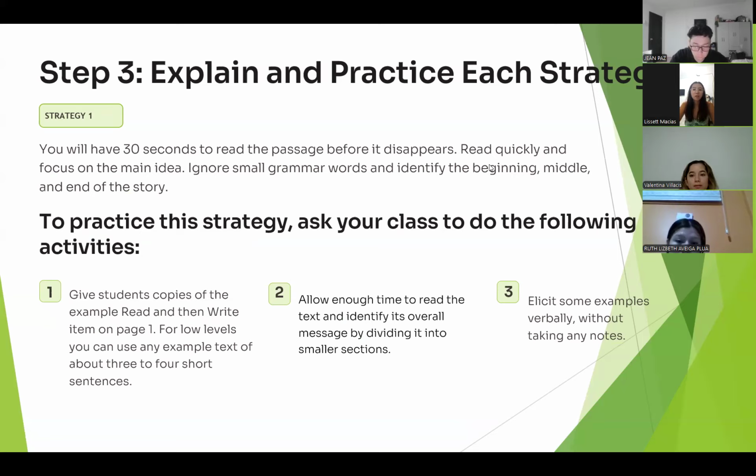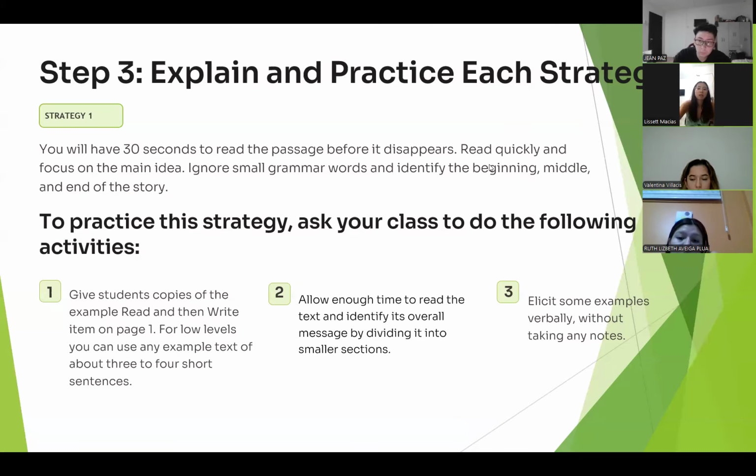First, the teacher gives the students a short example text, then students read it and identify the overall message by dividing it into smaller sections. And finally, they share their answers orally without taking notes. This strategy improves reading comprehension and helps students focus on the most important information.